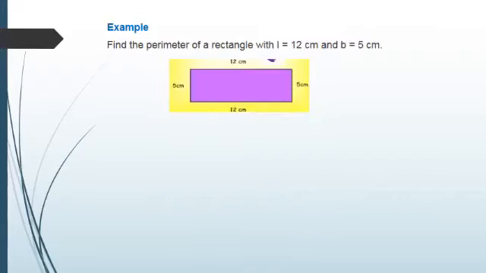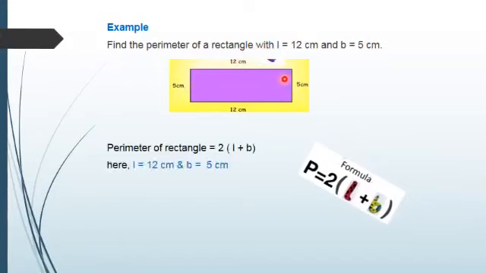Now in this example, we will find the perimeter of a rectangle with a length of 12 cm and a breadth of 5 cm. We know the formula of the perimeter is 2 times (length plus breadth). So, for this rectangle, we have a length 12 cm and a breadth 5 cm.